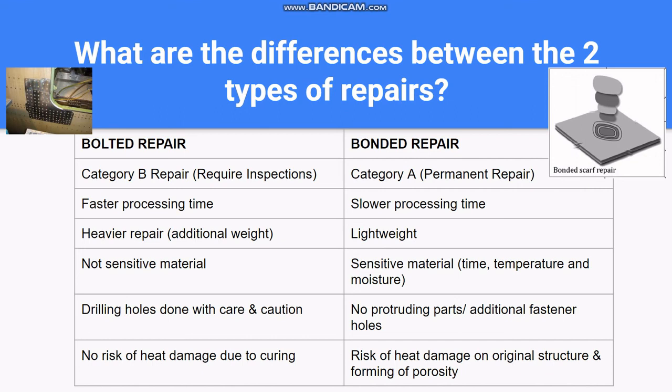Next, for bolted repair, drill holes must be done with care and caution, while bonded repair has no protruding parts or additional fastener holes. Last but not least, bolted repair has no risk of heat damage due to curing, while bonded repair has risk of heat damage on original structure and forming of porosity.